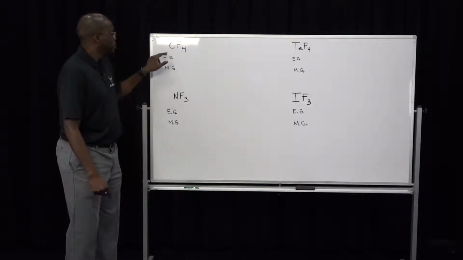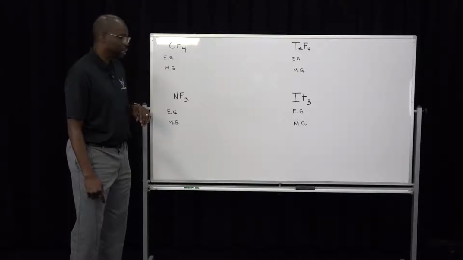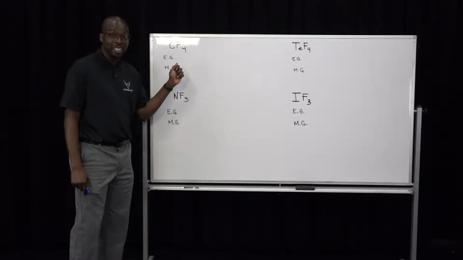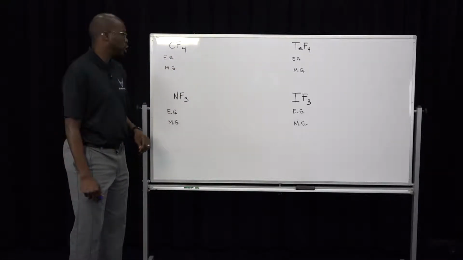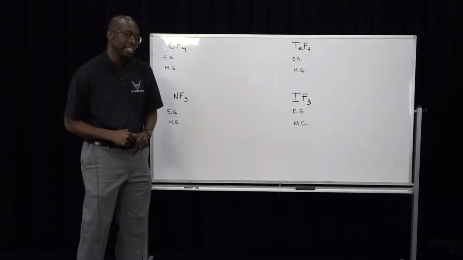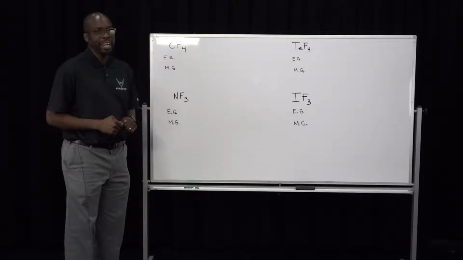Okay? A very simple way to create the electronic geometry is simply to take the number of valence electrons from carbon and the number of bonds that it's going to make with the terminal atoms. If you have a periodic table handy, you'll know that carbon is in group 4A.